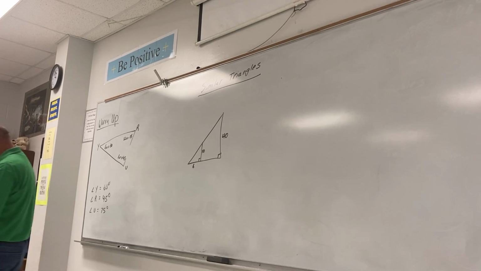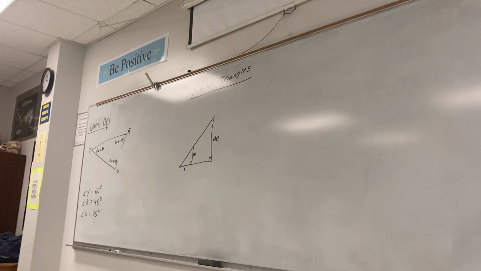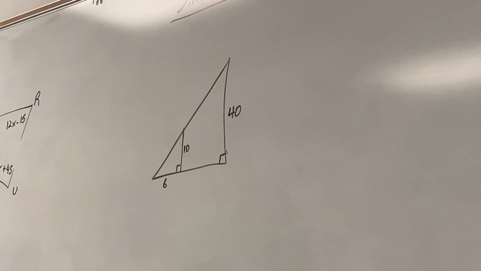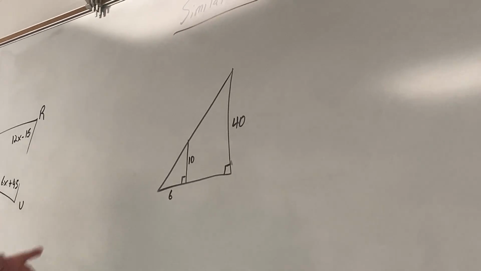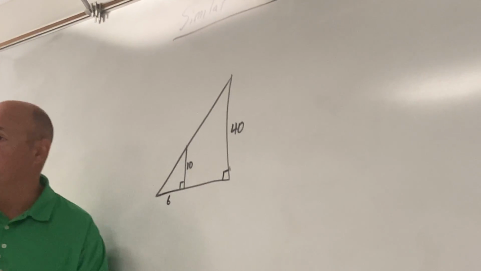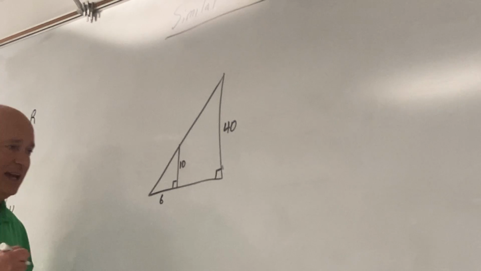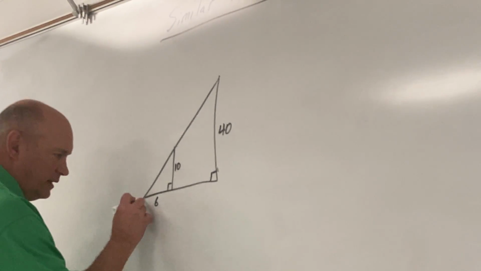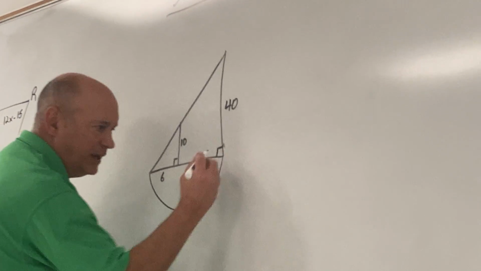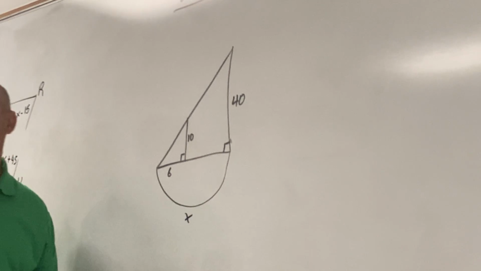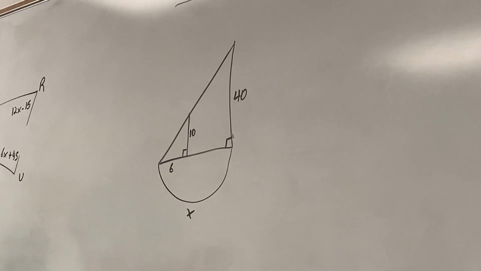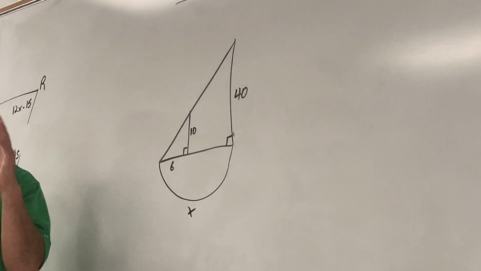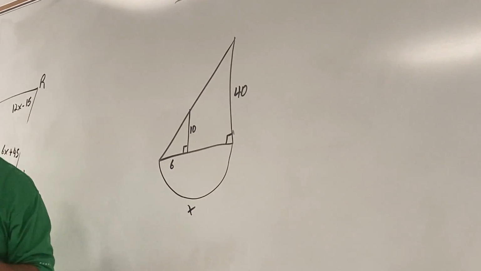So, let's say I drew this picture here. I've got a big triangle, and inside the big triangle there's another little triangle. Are you with me? And they might ask you to find, like, the distance from here to here. Let's call that X. So, they're going to tell you these two triangles are similar.